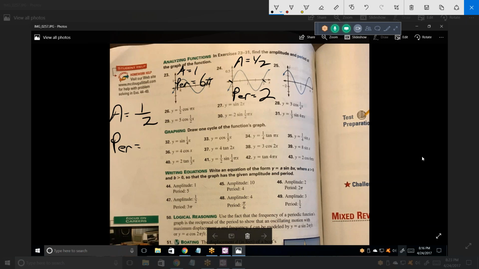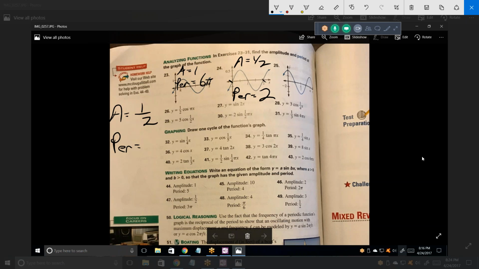Most periods have a pi involved, right? But the fact is that pi is a number, 3.14. So it's okay to have the x-axis in numbers and not in terms of pi. On 23, the x-axis was in terms of pi, and that's more typical. But on 24, the x-axis is numbers, and that's perfectly fine.